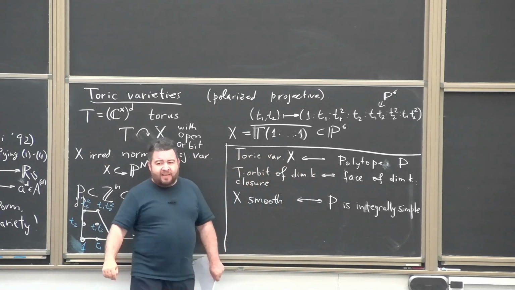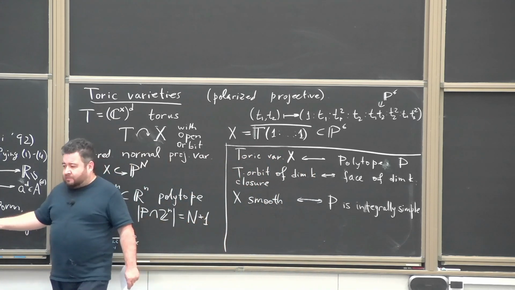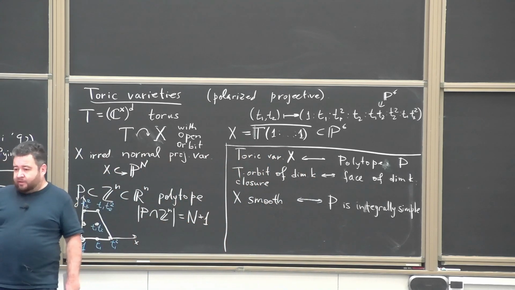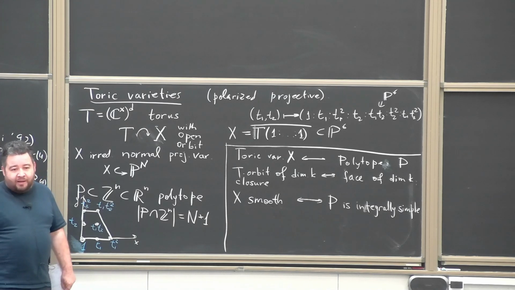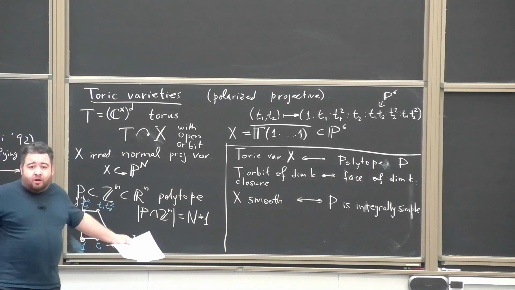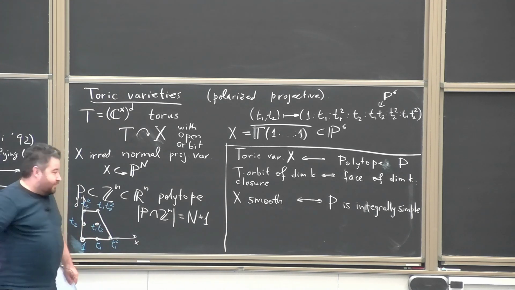A simple polytope is a polytope with as few edges as possible meeting in one vertex. So a tetrahedron or a cube are simple, because in every vertex you have three faces meeting, and an octahedron is not. There are four of them, right?